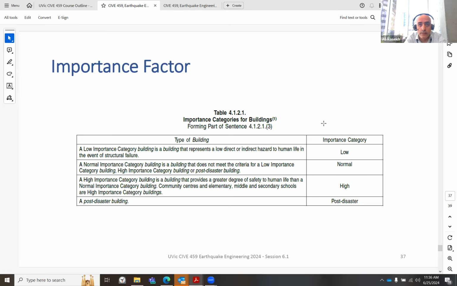Maybe a city, like the most local one is the most important. Maybe the city of, say, Victoria says that college is also high importance. But as far as the National Building Code was concerned, they went as high as high school. Okay. So let's move on.